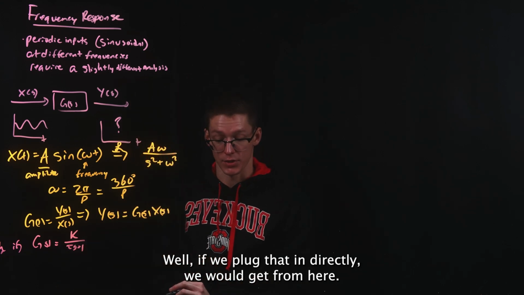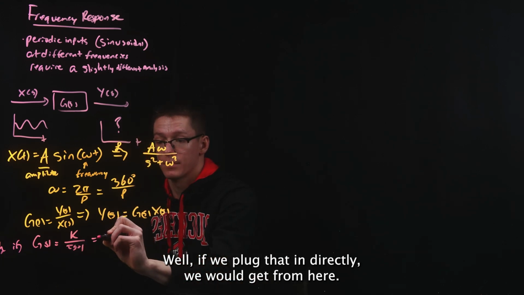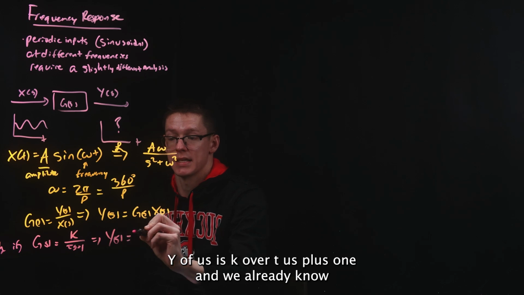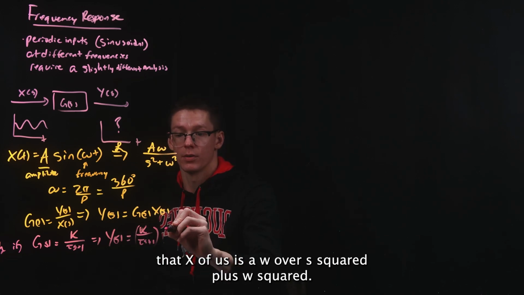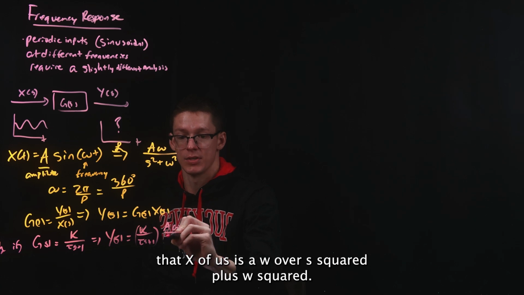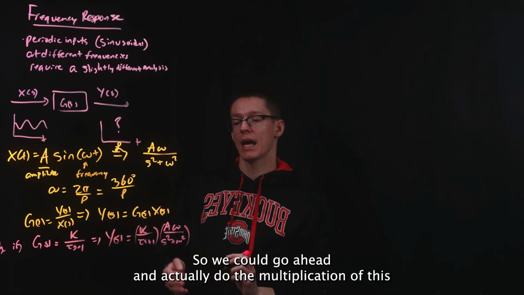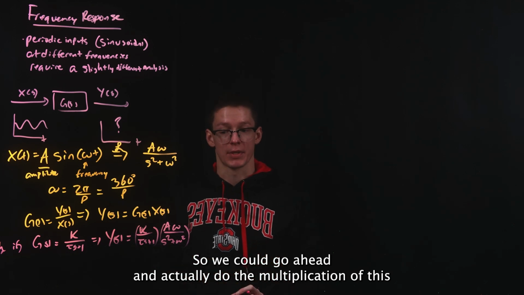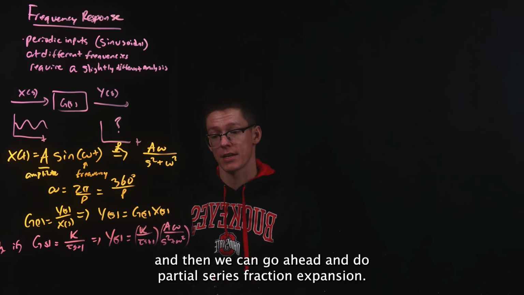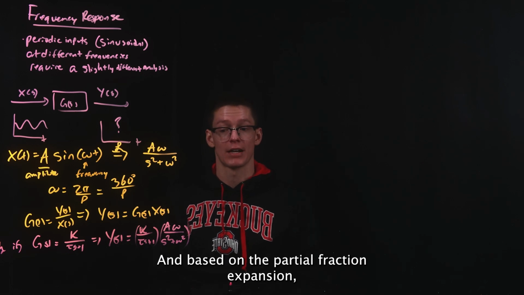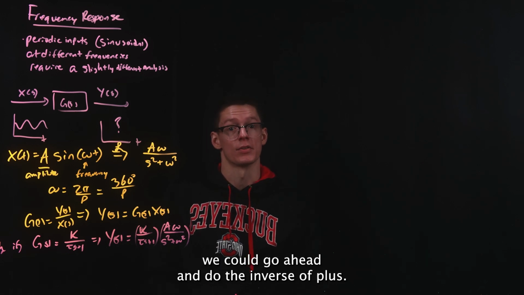If we plug that in directly, y of s is k over tau s plus 1 times x of s, and we already know that x of s is Aw over s squared plus w squared. We could do the multiplication, then do partial fraction expansion, and based on that, do the inverse Laplace.